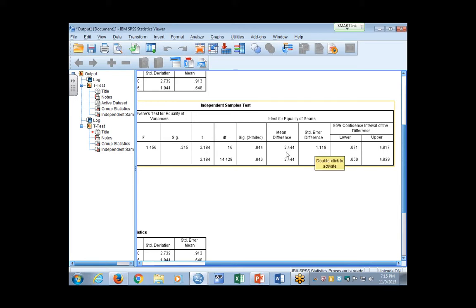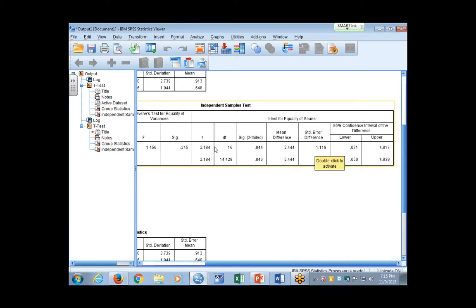Okay, and the mean difference between them was 2.44 divided by 1.119. So it did the same thing we did to get a t-score of 2.18. Same value we got. The t-score that we got here was 2.184 for 16 degrees of freedom.